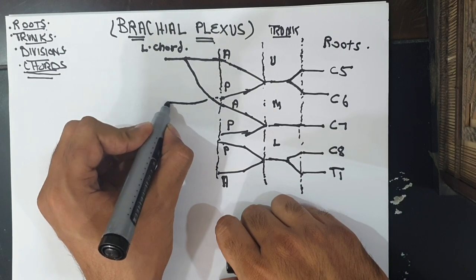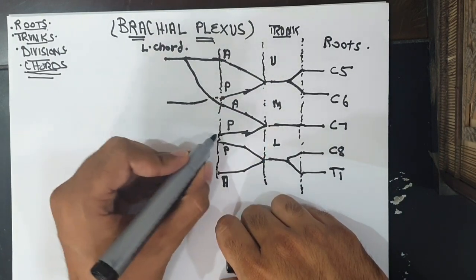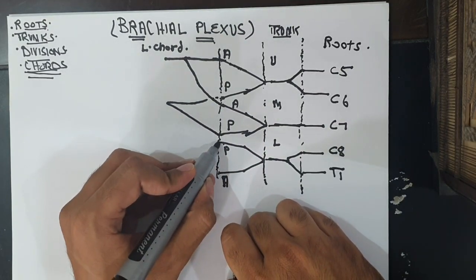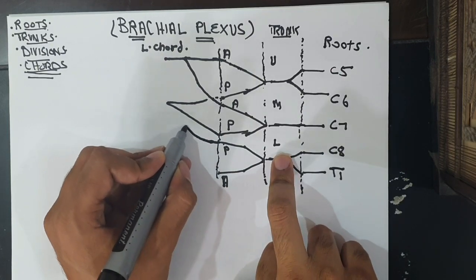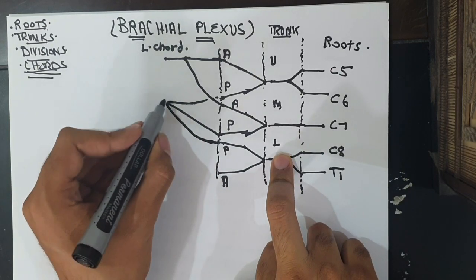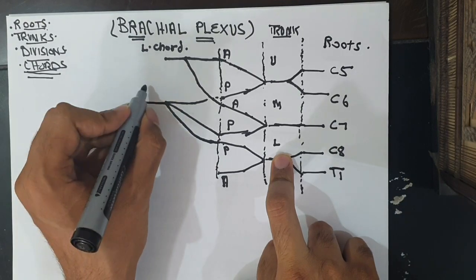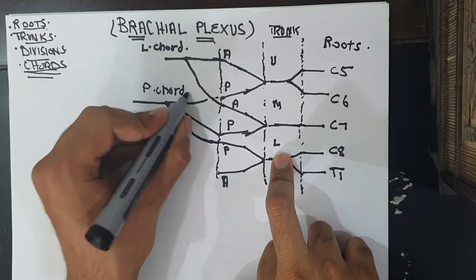The posterior divisions of the upper, middle and lower trunks combine to give us what we call the posterior cord.